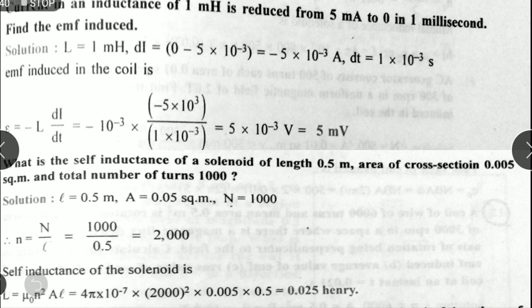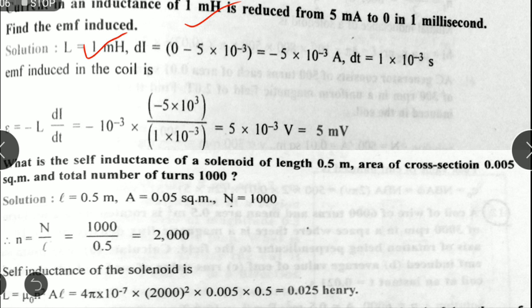The current in an inductance of 1 millihenry is reduced from 5 milliampere to 0 in 1 millisecond. Find the induced EMF. Since it is a self inductor, what is the given data?